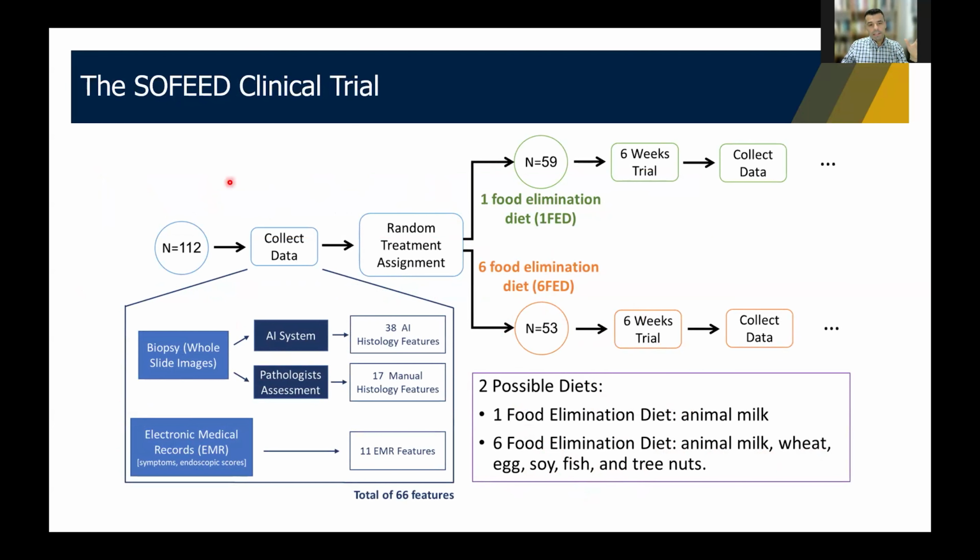Okay, so in this trial, there were around 100 people. Half of them got the one food elimination diet, one fed, and half of them got the 6 food elimination diet, the 6 fed. And during this treatment, the data was collected, and the question was, what is better?